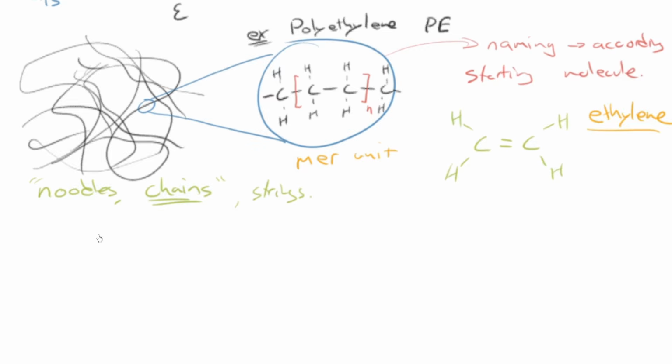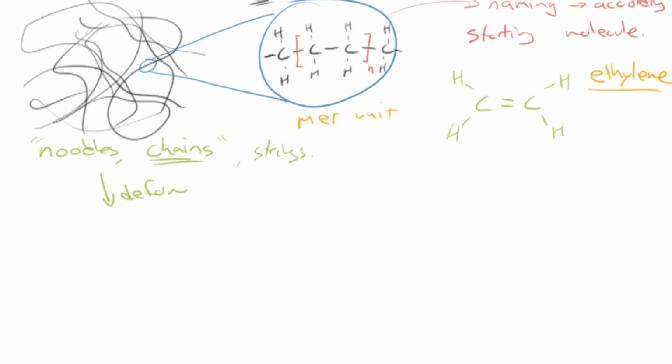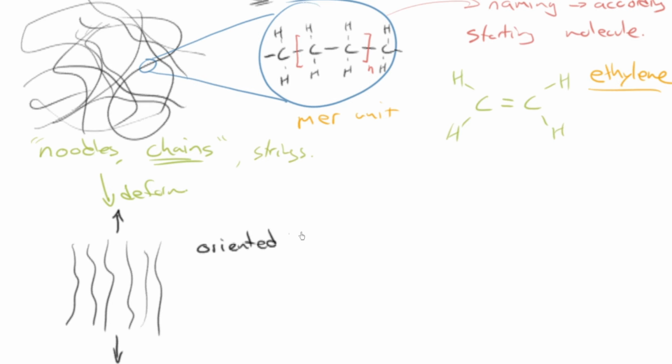And that's because, I'll show you, as we deform this, and it necks, and I'll give myself a little bit more space here, the polymer molecules now, and I'm exaggerating somewhat, but they become oriented with the loading axis.